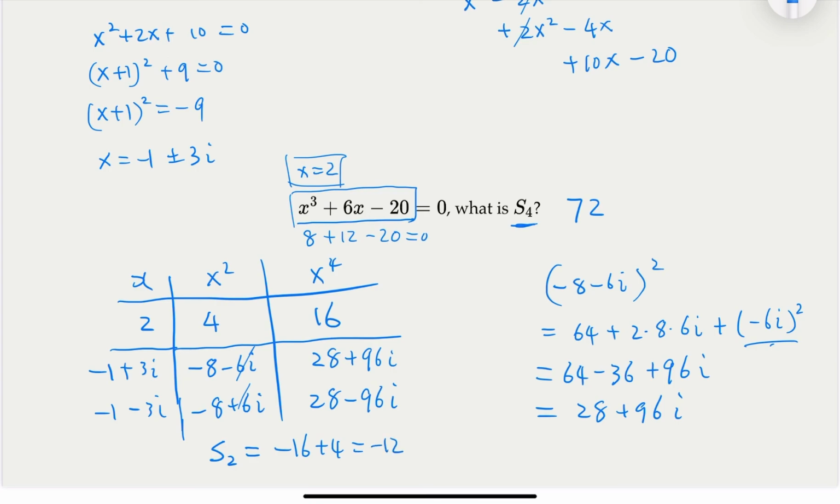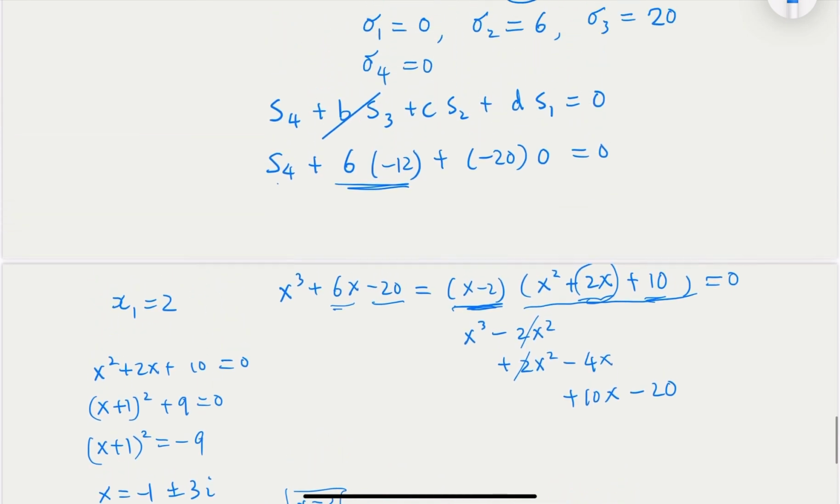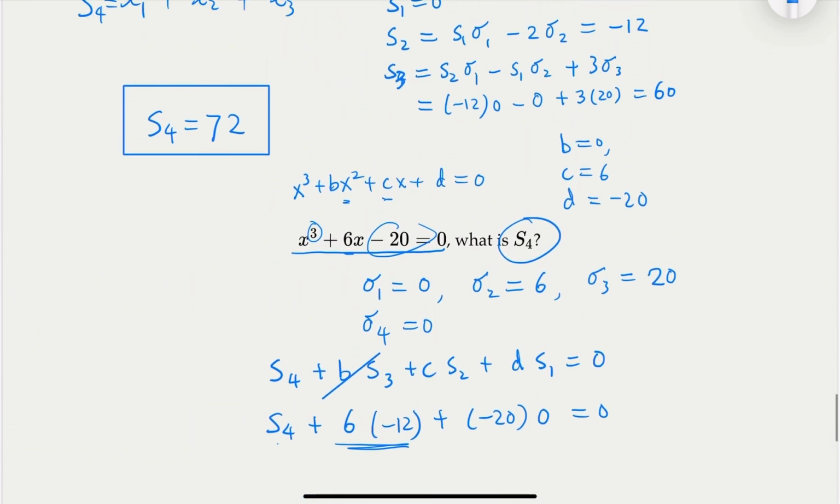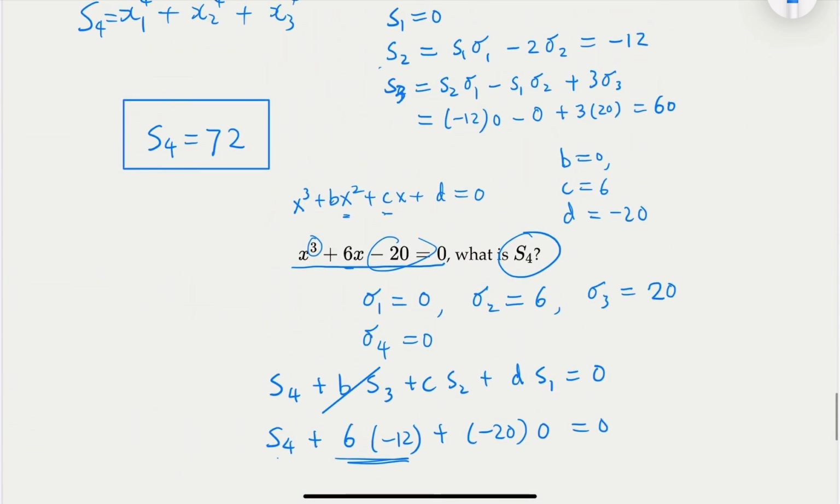So what is S4? For S4, you add these, the imaginary parts cancel. 28 plus 28 is 56 plus 16, that equals 72. This is exactly what we get from the formula. Earlier, S2 equaled negative 12, so we verified that.